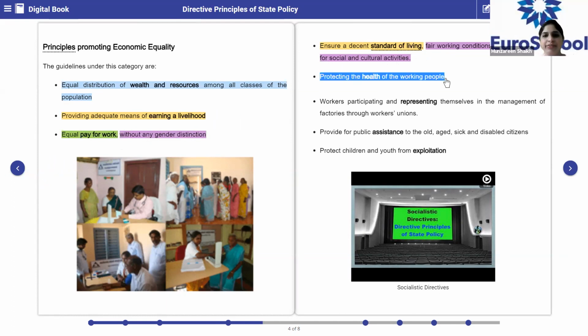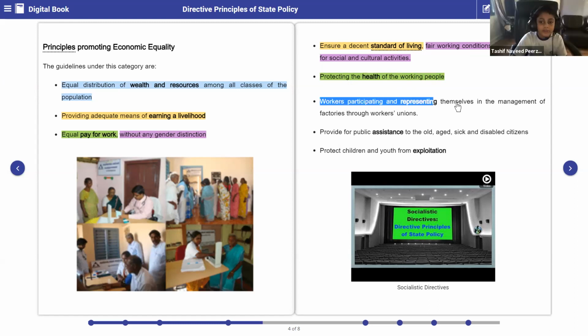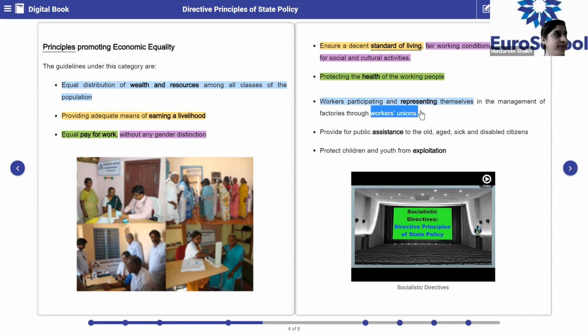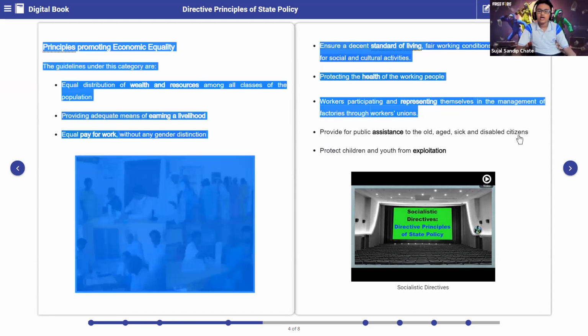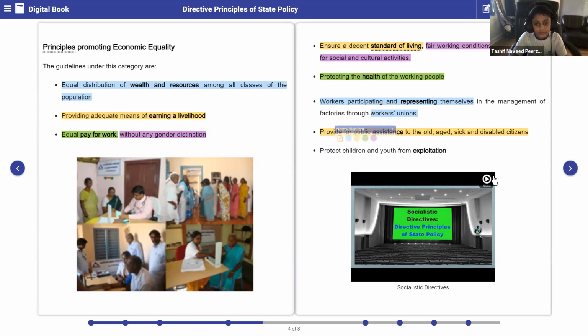Excellent. Fifth, protecting the health of working people. Very good. Sixth, workers participating and representing themselves in the management of factories through workers' unions. Seventh, provide public assistance for old age and disabled citizens.